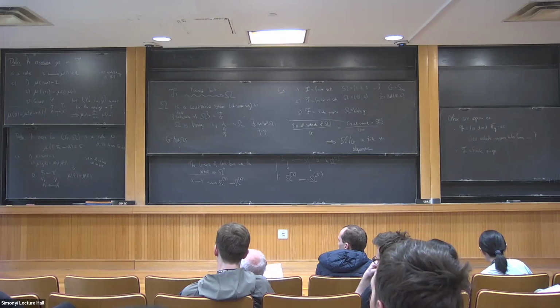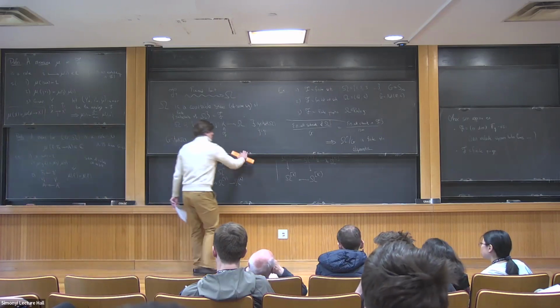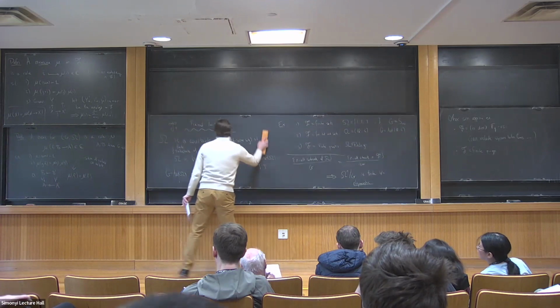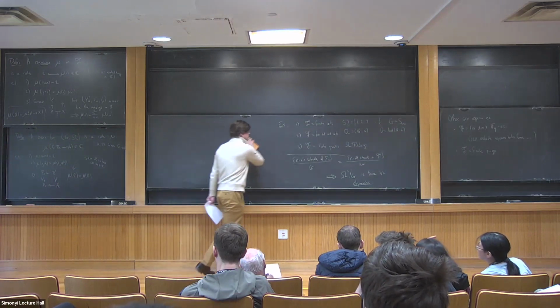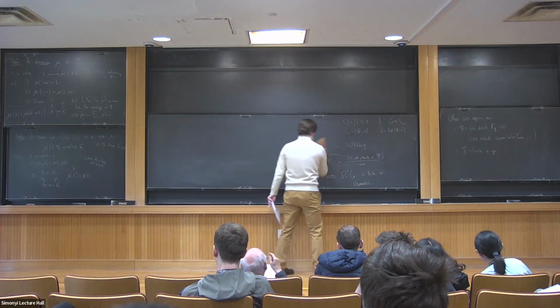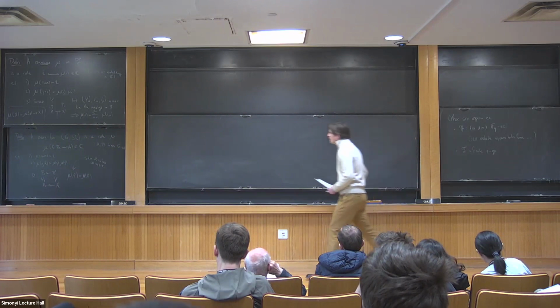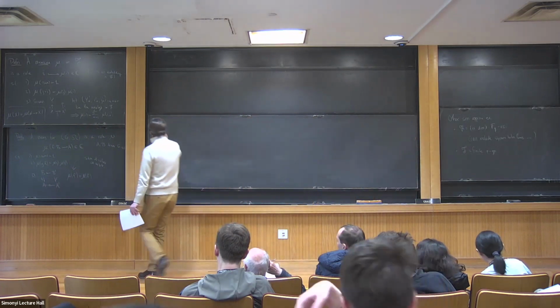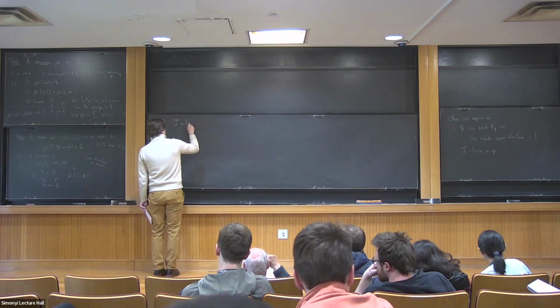All right, so let me just tell you about the measures on the totally ordered sets, and then we'll take a break after that. So that is going to be finite totally ordered sets.